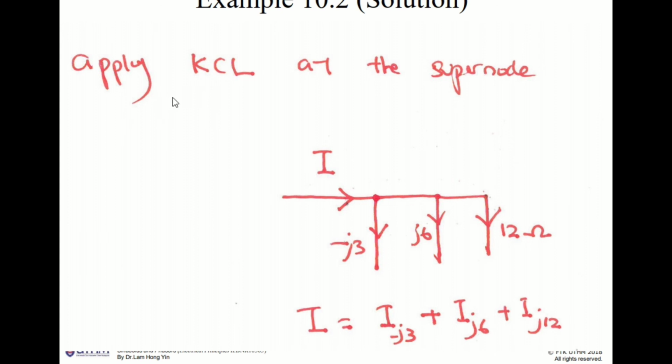Also don't forget to convert the sinusoid form to the phasor form. This is already in phasor form. If it's an inductor, you change it to jωL. If it's a capacitor, you change it to 1 over jωC.